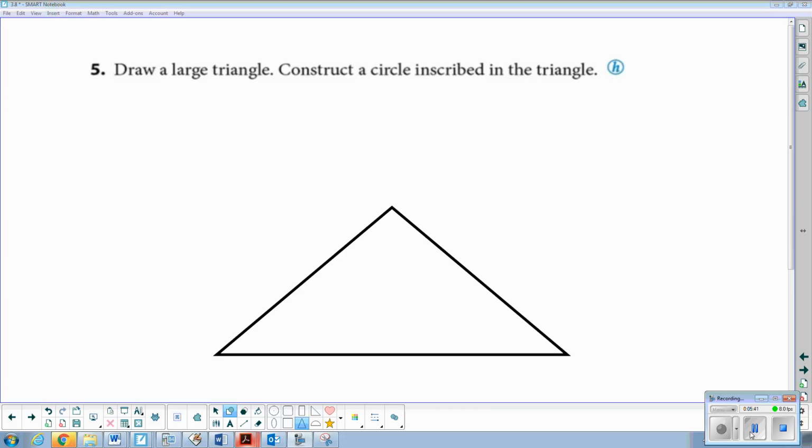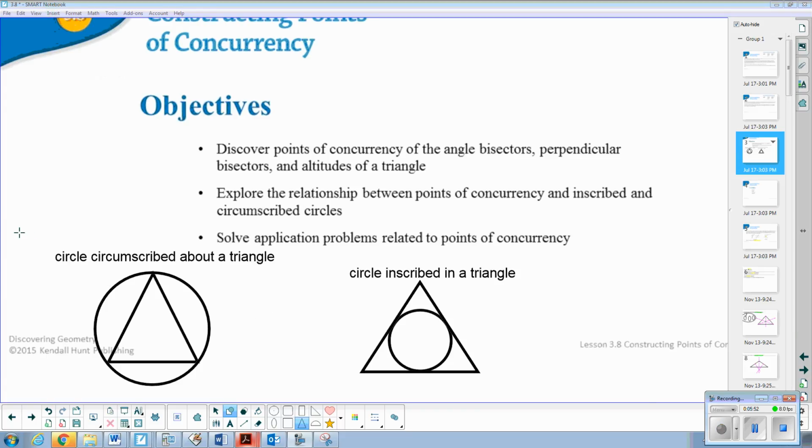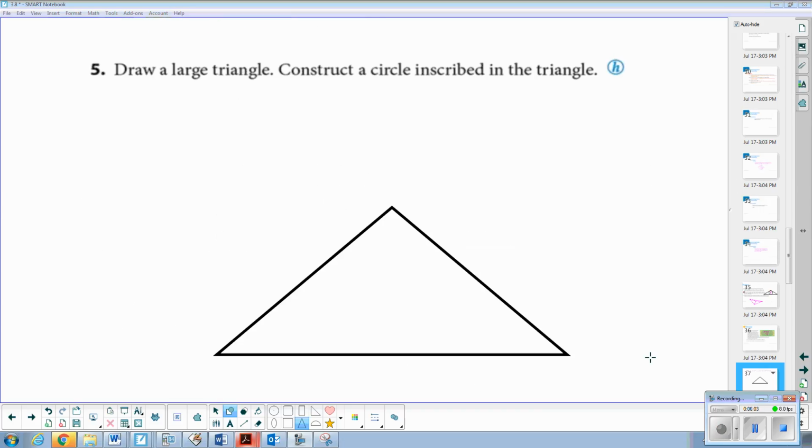If you look back, and I'll flip back in just a second to the beginning of this lesson, it says that we want to construct a circle inscribed in the triangle. If a circle is inscribed in the triangle, that means that the circle touches each of the sides of the triangle. So if the circle is going to touch each of the sides, then we need to find a point that is equidistant from those sides.